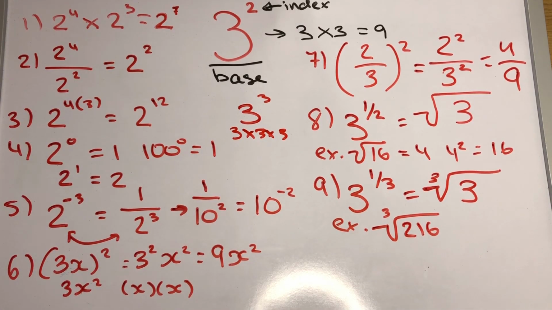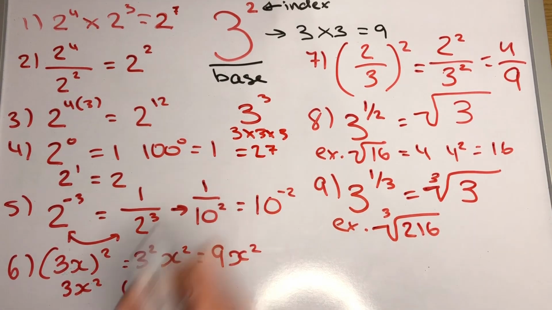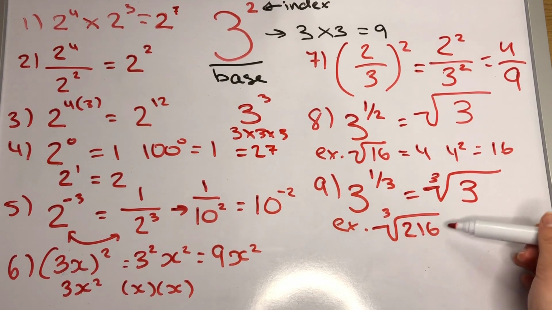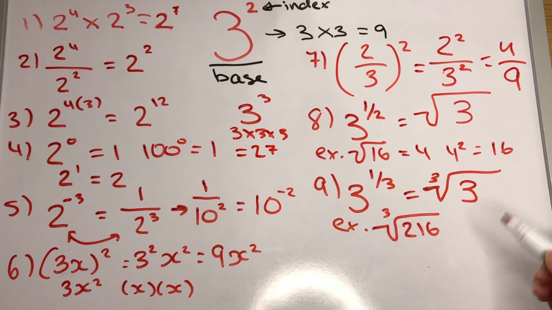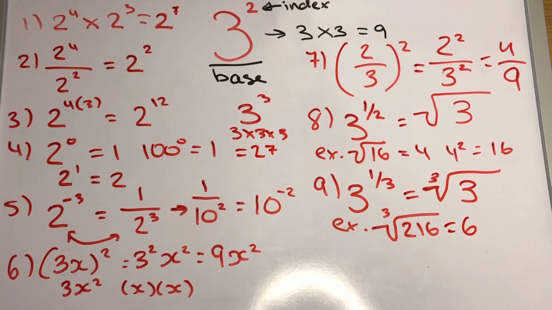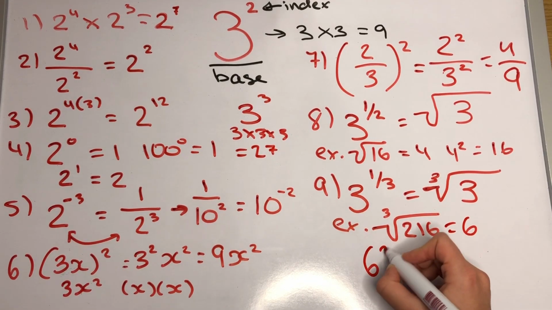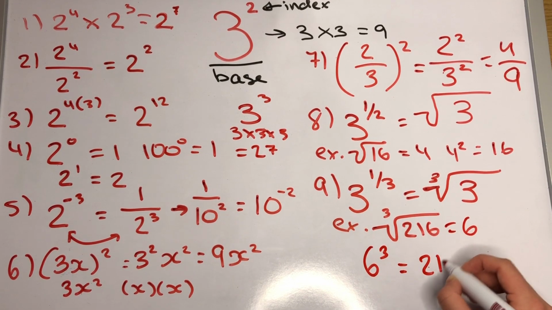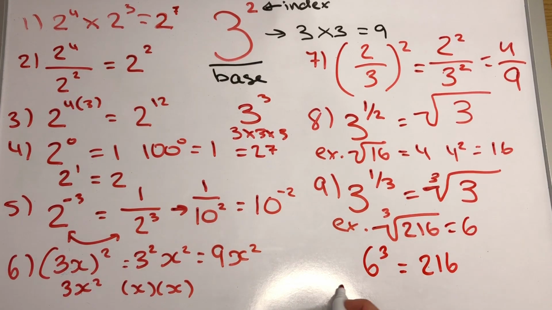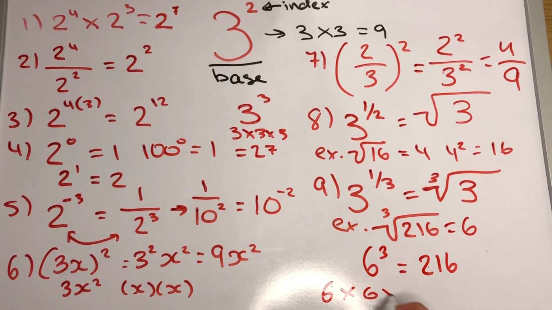And what is that? That's 27. But anyways, in this case, you're asking yourself, what number when cubed will give us 216? Well, that will be 6. Why? Because 6 cubed is equal to 216. And what I mean by 6 cubed is I'm just doing 6 multiplied by 6 multiplied by 6.